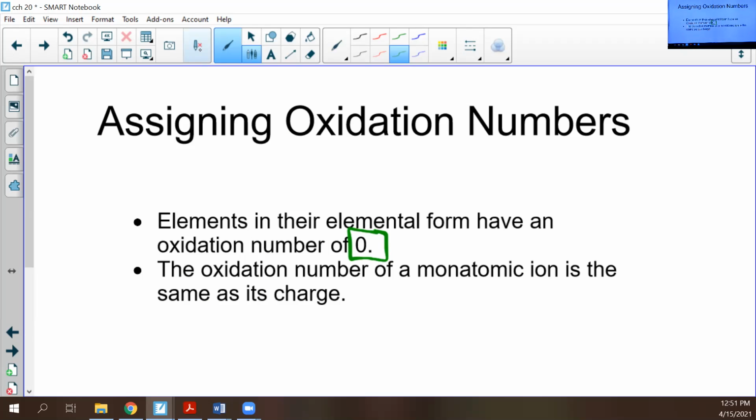All right. The oxidation number of a monatomic ion is the same as its charge. So like if we had K and it lost 1, we'd say it's a +1, or we'd say its oxidation number is also +1. And that's very, very, very common. Good.